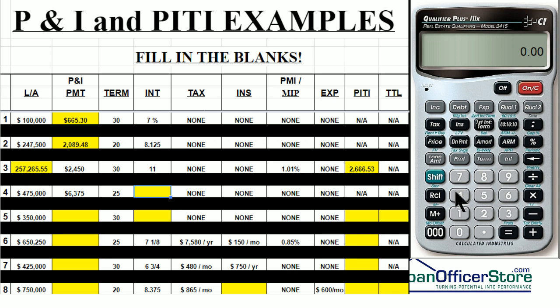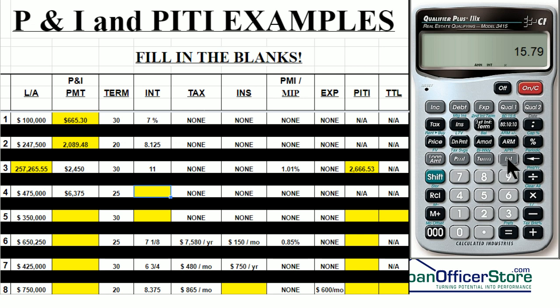And then we're going to do 475,000 as my loan amount. We're going to do $6,375 as my payment. And then I'm going to do 25 as my term.